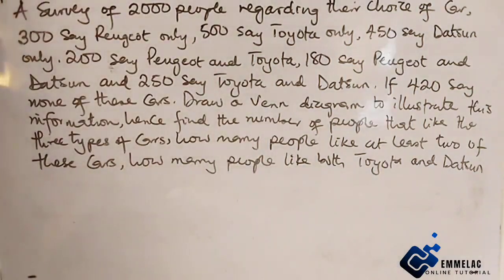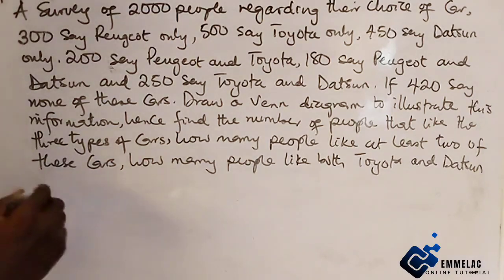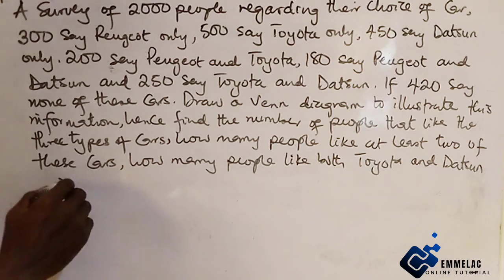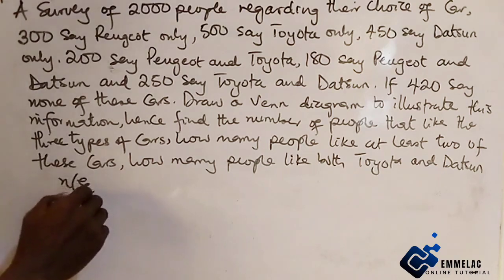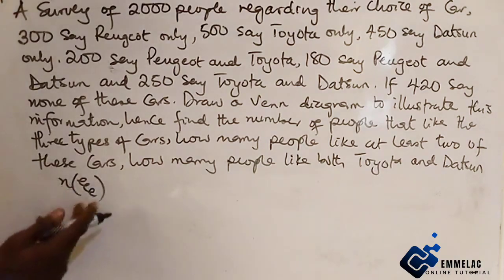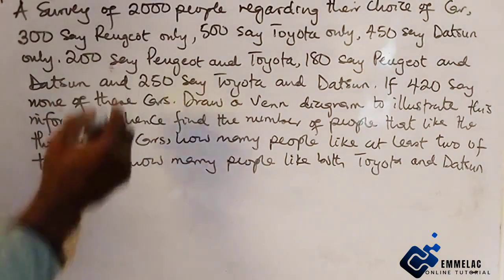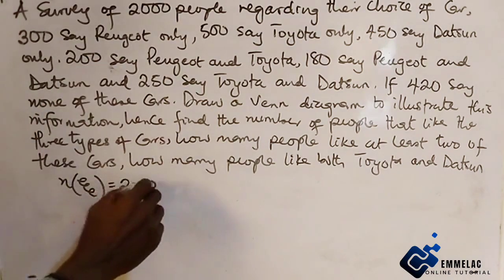Now, first of all, what we need to do here is to ensure that you write out every parameter in this question. With this, you can move further to solve the problem. From the information, we know that the universal element here is 2,000.